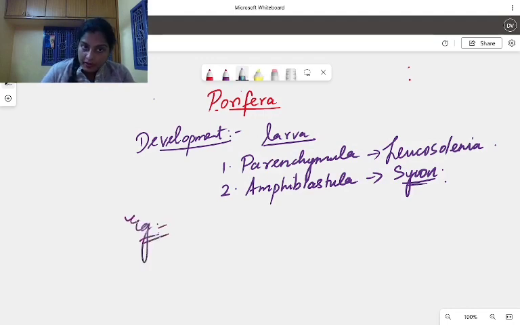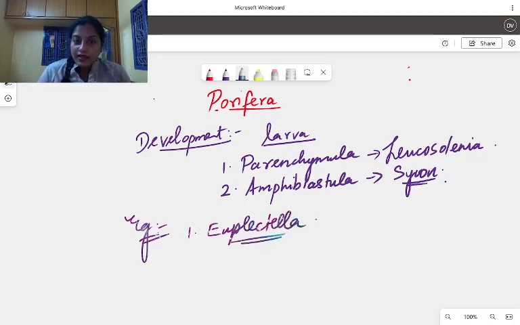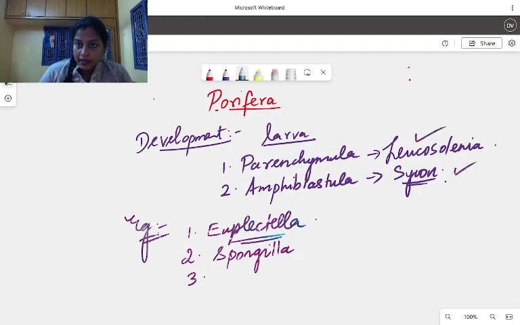And finally, you can write the examples of poriferans. First, you can write Euplectella. I showed you the image, right? The very first one. They call it a very expensive gift, the costliest gift in Japan, they say. And then you can write Spongilla, which is a freshwater sponge. Then these two names you can pick, Leucosolenia and Sycon.